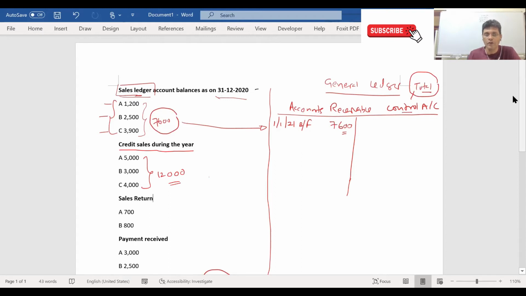I explained in my previous video that credit sales will be recorded in the sales day book first. That is not required in this question. After recording it in the sales day book, you take the total and transfer it to the accounts receivable control account, and you credit your sales account.